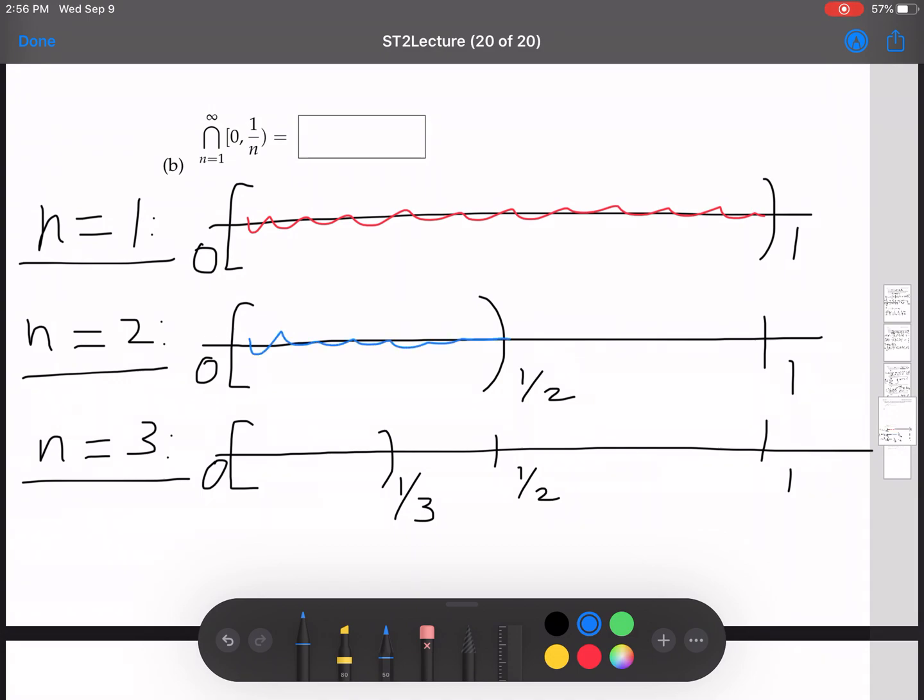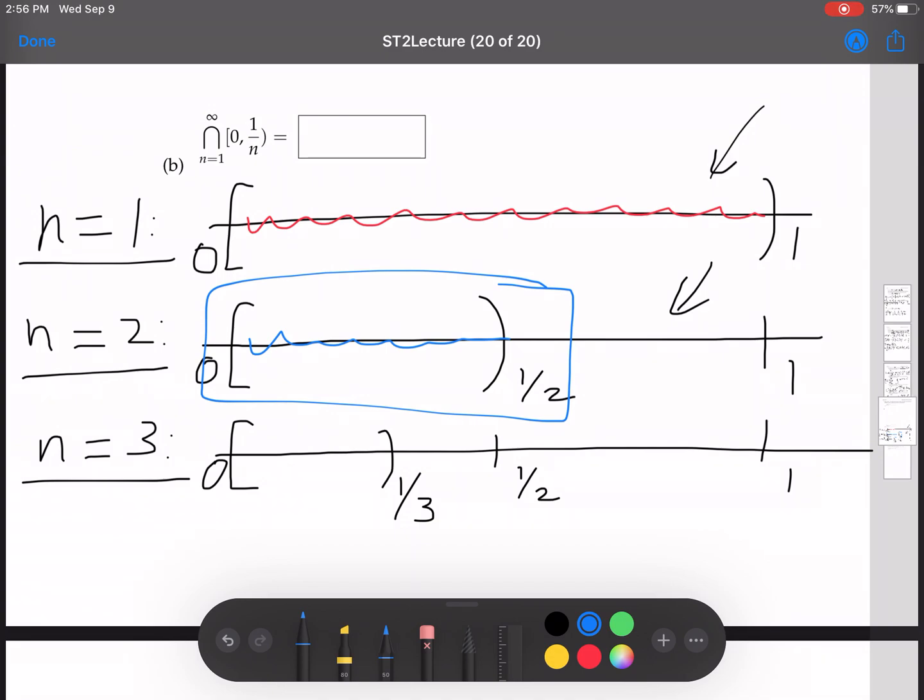Just looking at the first two, the n equals 1 and n equals 2 cases, what's common to both? What's common to this interval and this interval is exactly just this interval. Right, so that's the intersection of the n equals 1 case and n equals 2 case.